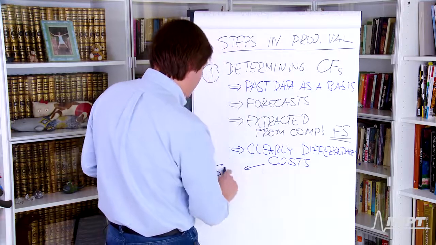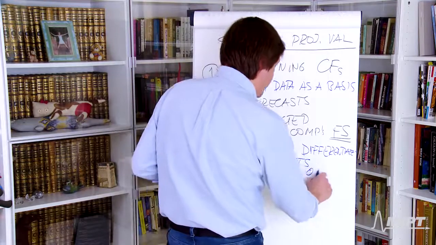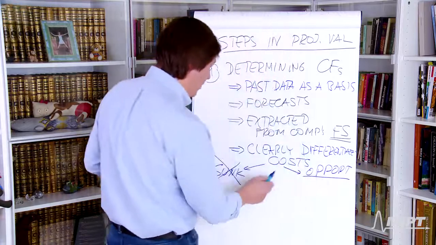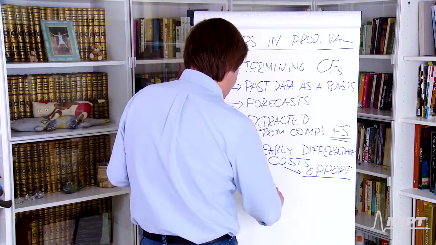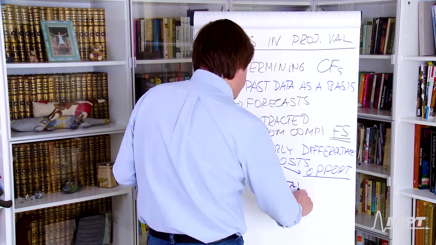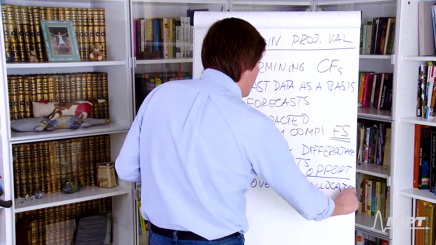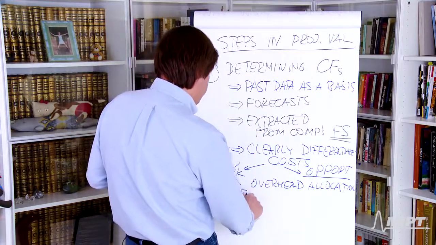So, sunk costs you ignore, then opportunity costs you do take into account. Then also you have to deal with overhead allocation. And the final thing, again, this is sort of an accounting issue, then you have to deal with relevant costs.